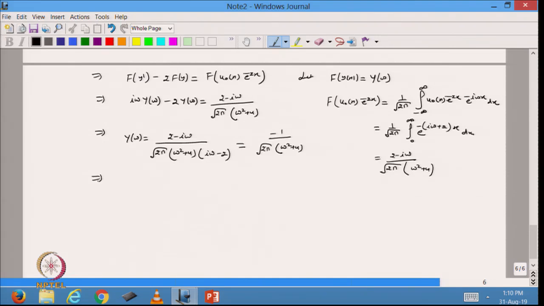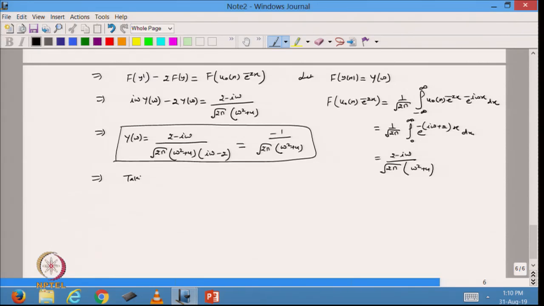Now, using this one I got this value. Now, this is the solution in terms of omega, the frequency, but I started with my differential equation, which is a function of x. So, in this case I now take the inverse Fourier transform. So, what is the inverse Fourier transform?